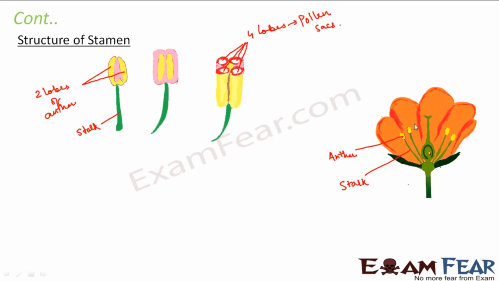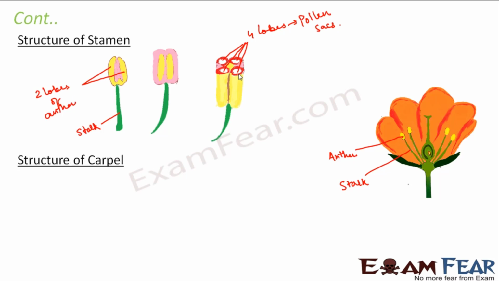Inside the petals, you have small yellow structures at the top, and even inside this yellow structure, you have 4 lobes, and inside those lobes you have the pollen grains. These yellow colored structures are very easily visible in a flower. In case you have a China rose plant in your house, you can observe things very clearly there. So this is how the stamen looks and this is where the male gametes are present in a flower.